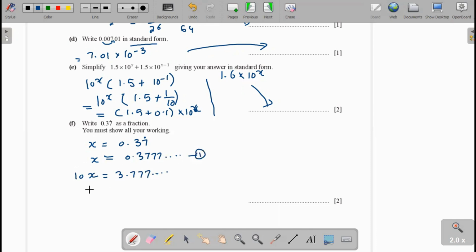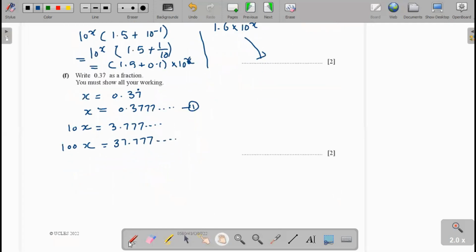Now we multiply equation 1 by 100, and that value becomes 37.77... In this way, we subtract equation third from equation second.